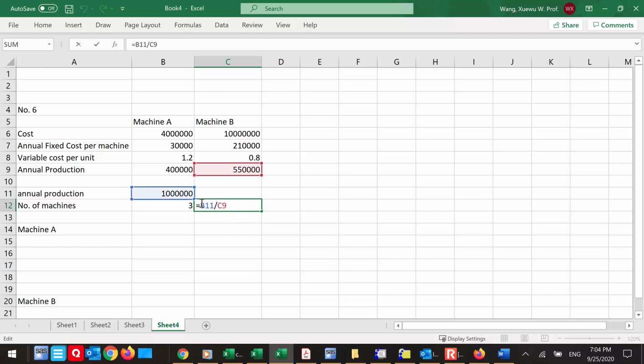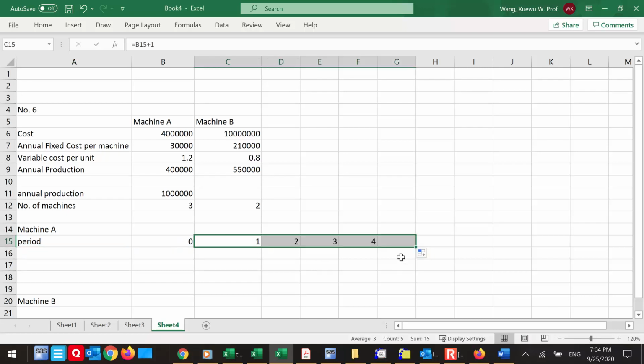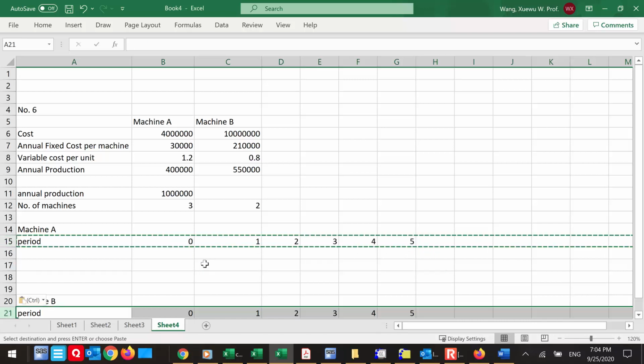Again, you can't have this amount of machines, so you should use the round off function again, and you need to have 2 machines for machine B. So let's look at the timeline here. The lifespan is 5 years, so that's easy. Let's build a 5-period timeline here. It's the same timeline for machine B, so I don't mind copying and pasting.